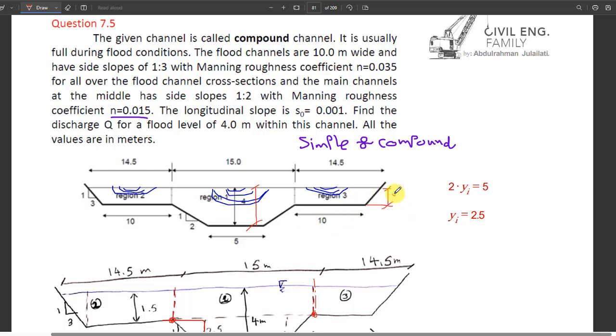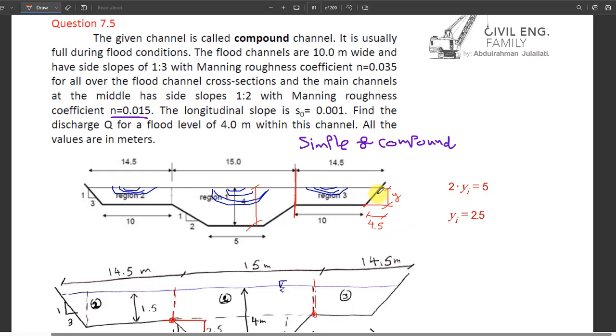So how much is this y? If I call it y, I want to know this height. Here it is shown that this distance is known, because the distance from this line, 14.5 up to the end, but it is 10 up to this point. So how much is here? It is 4.5, isn't it? 4.5.